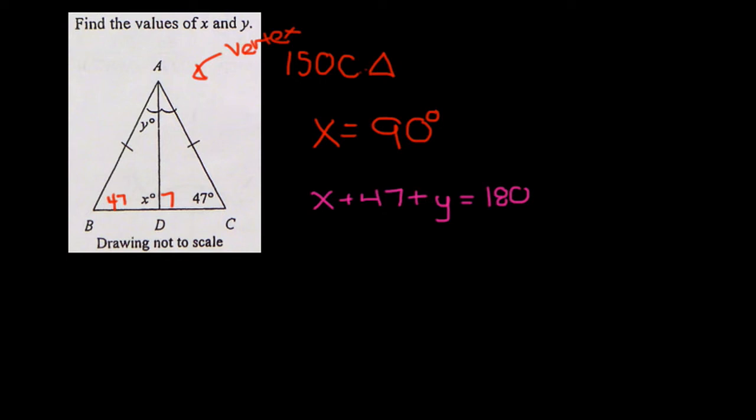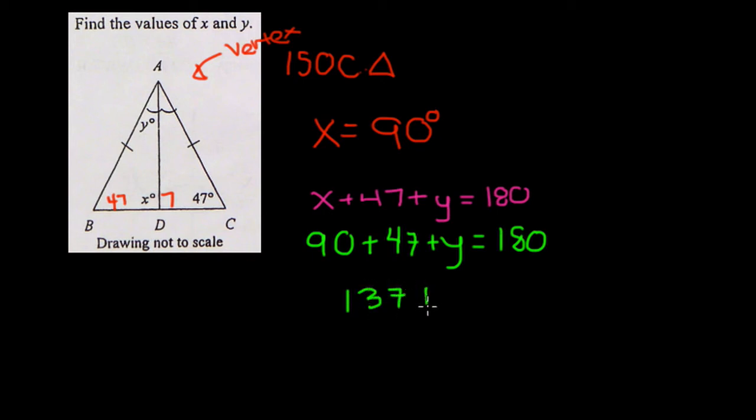Well, we know what x is now, so we can plug that in. x is 90, so that's 90 plus 47 plus y equals 180. 90 plus 47, if you add the 7, add the 4 to the 9, and you get 137 plus y equals 180.